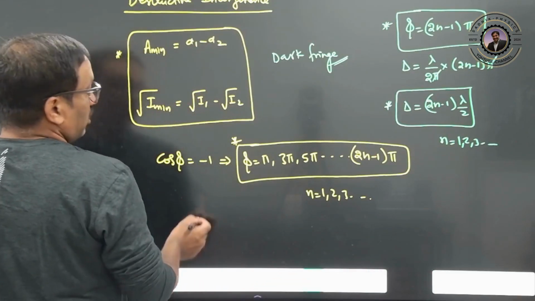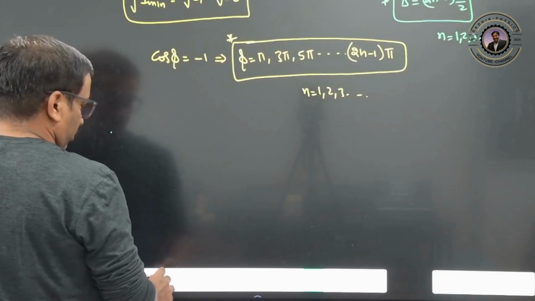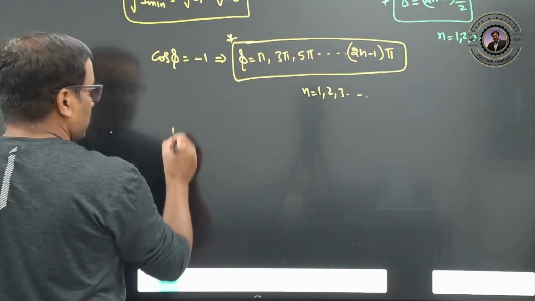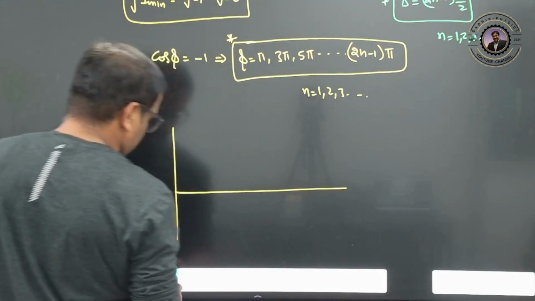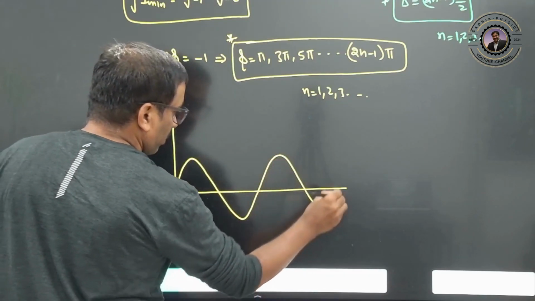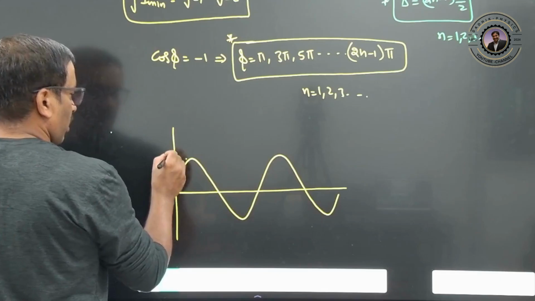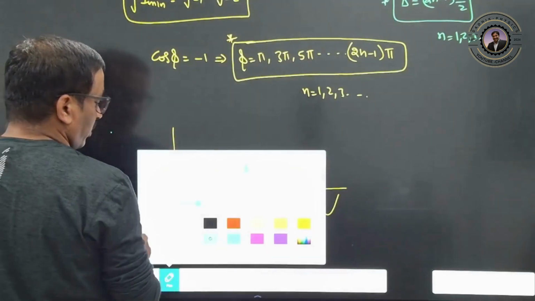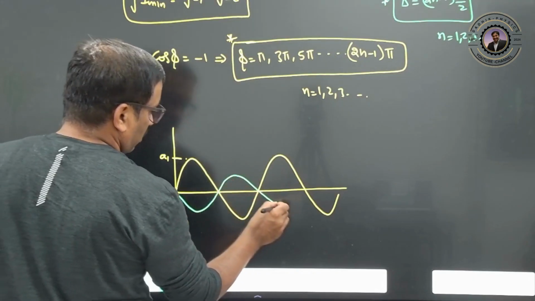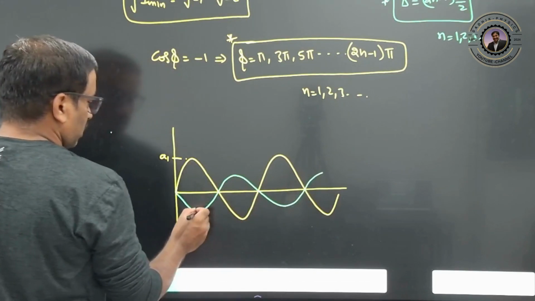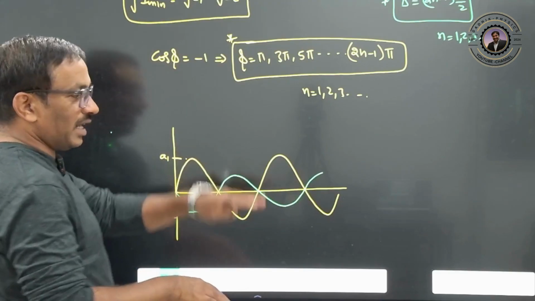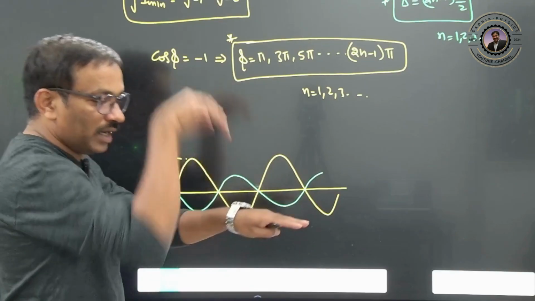Next one, here suppose this is one wave, the A1 wave, and there is another wave, A2, which goes in the reverse direction. If one wave is creating a crest, the other wave is creating a trough.